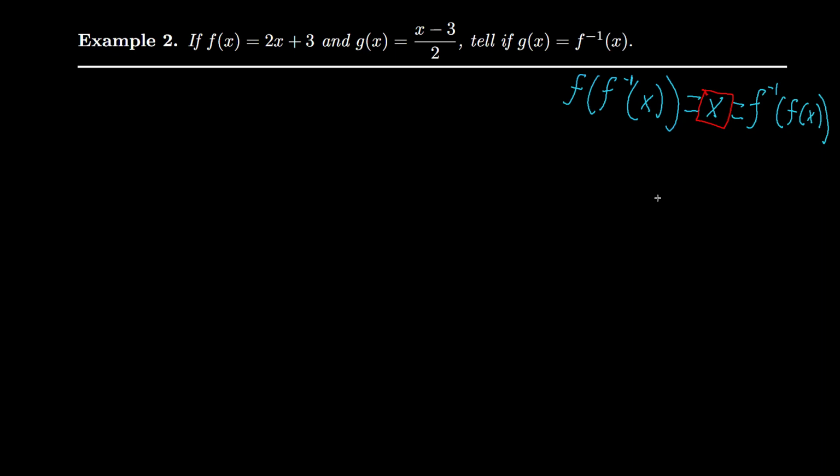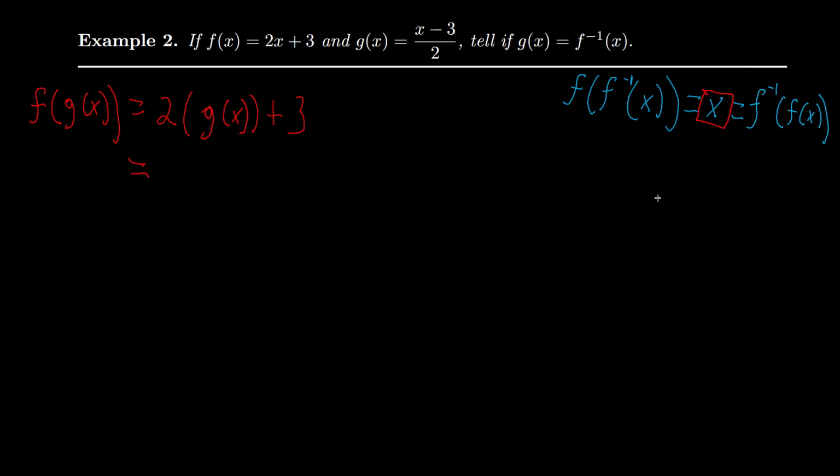So here, we're going to check it forward. So let's find f of g of x. Remember, f of something looks like 2 times something plus 3. And what was the something being plugged in? Well, we plugged in g of x, just like this.